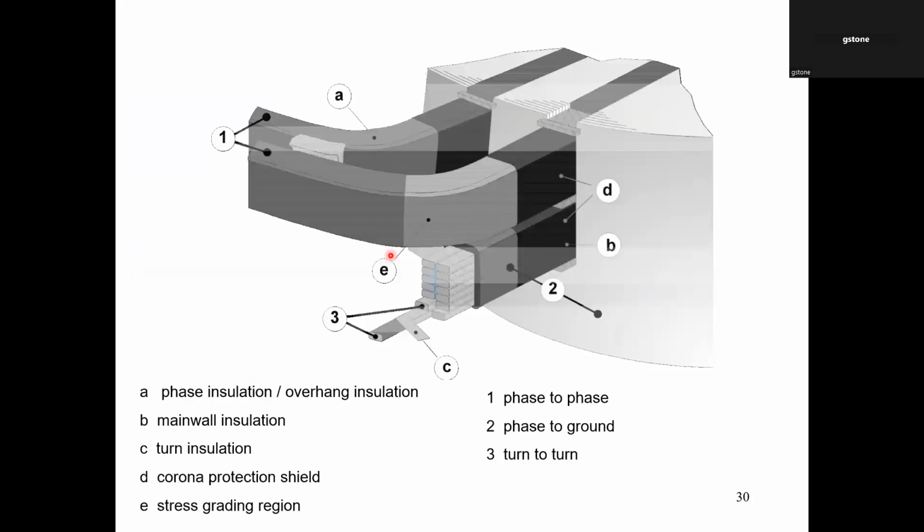Here's another image, again taken from an IEC standard, where this is the stator core, with 2 coils in a slot. Here are the copper conductors, the high voltage insulation, and the semicon material just in the slot region to prevent PD.